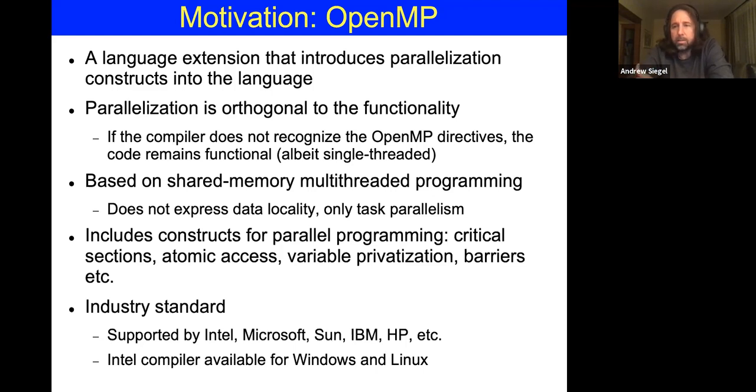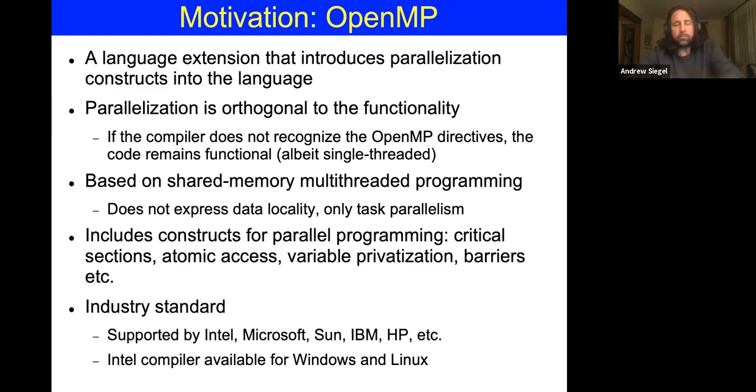In that sense, it's similar to pthreads, except you don't have to program at such a low level. So it removes from you the burden of having to do the detailed spawning of threads, and joining of threads, and explicitly creating mutexes and so forth.